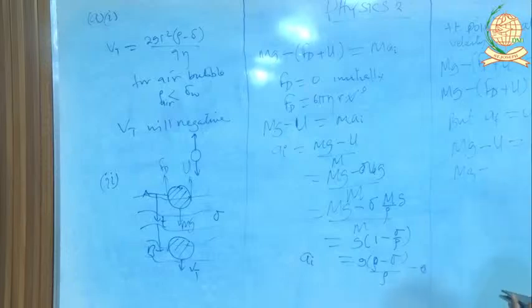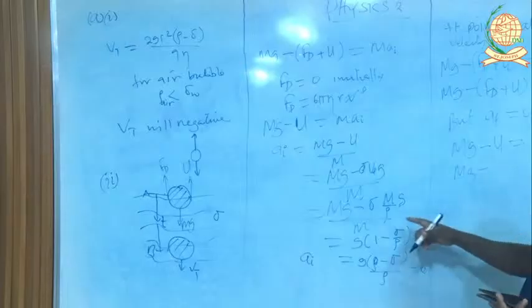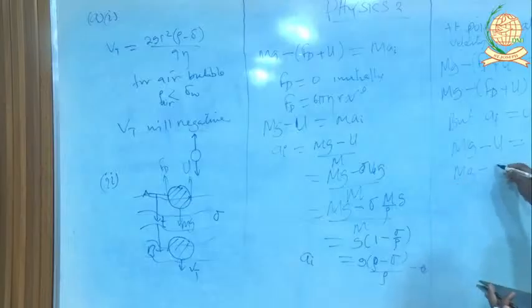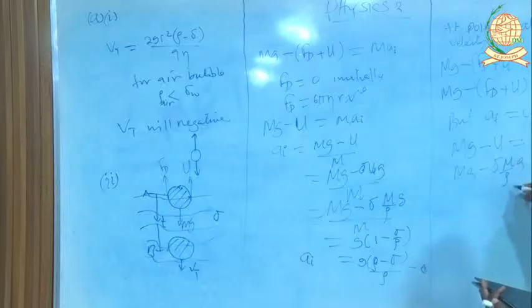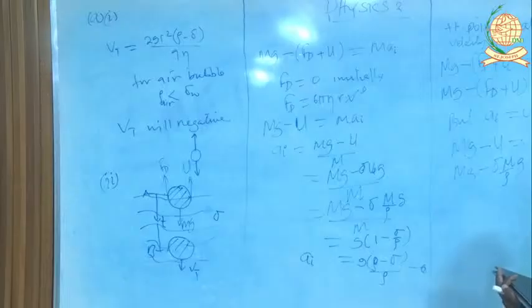Upthrust is the same as density of the fluid times the volume of the fluid, which is the mass over density times g, and this one is 6 pi eta r v terminal.